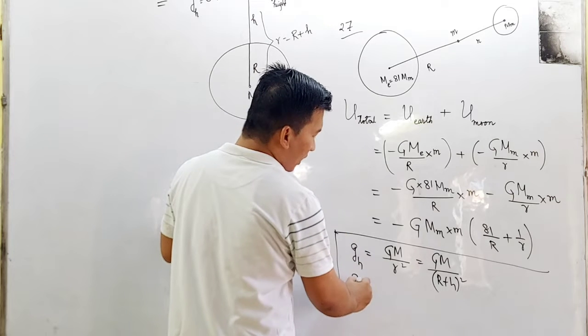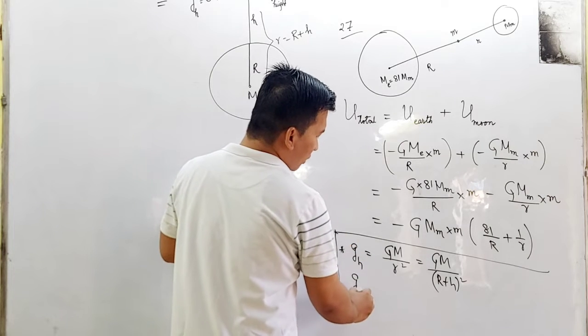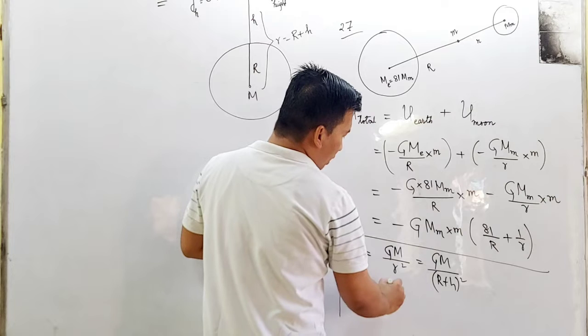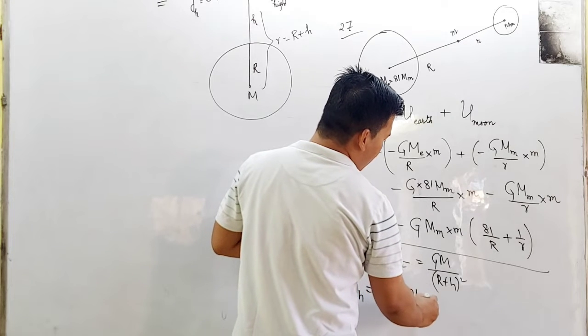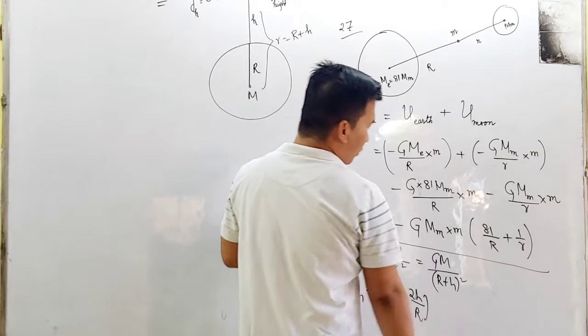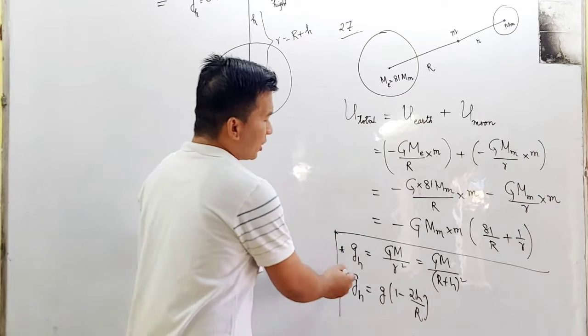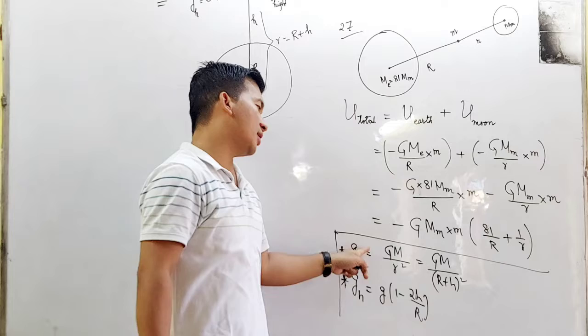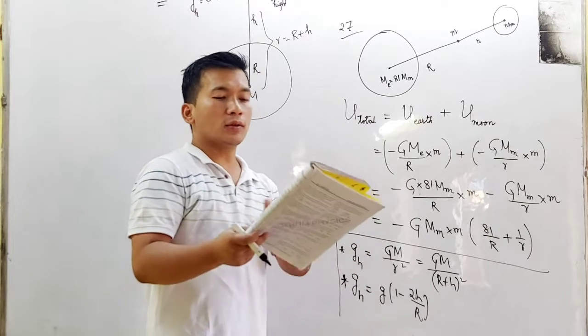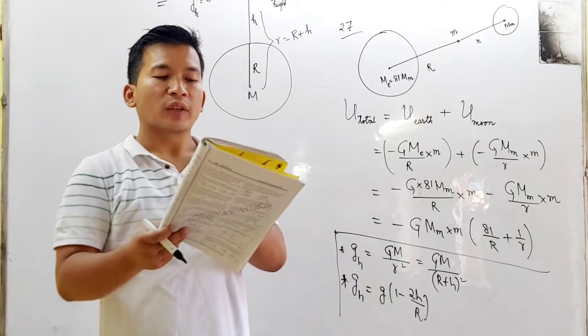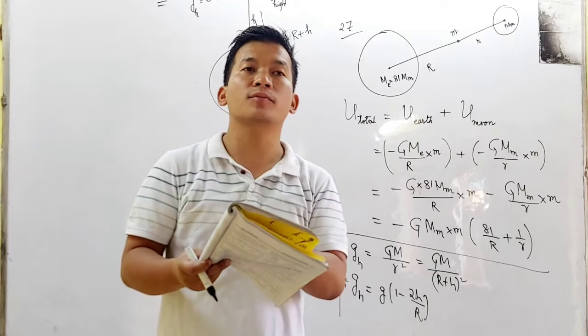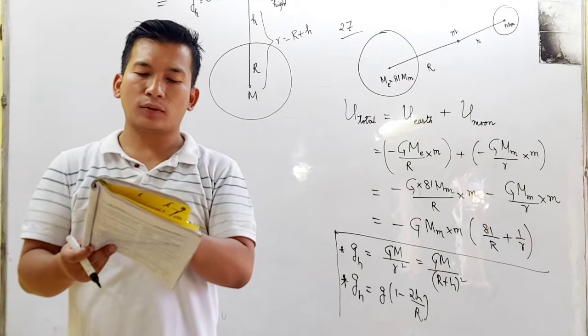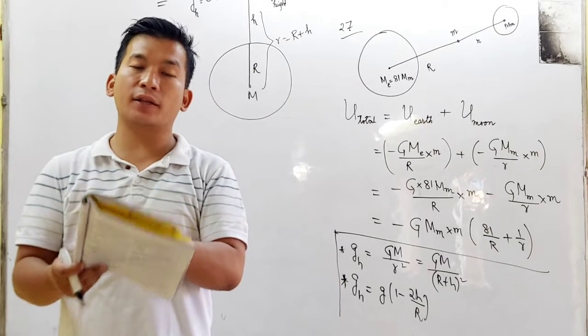Now what about the other expression? g_h will be equal to g into (1 minus 2h divided by R). Where do we use these two different formulas? In this question, option one, h is given as 1000, 1200 kilometer, 1600, 1800, 2400.